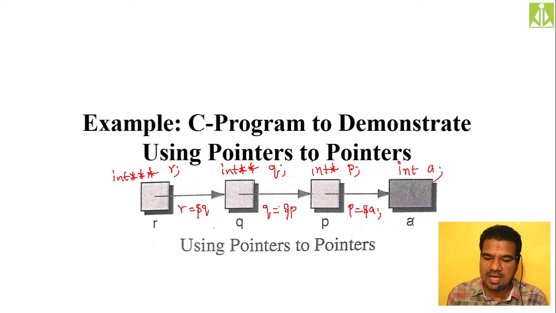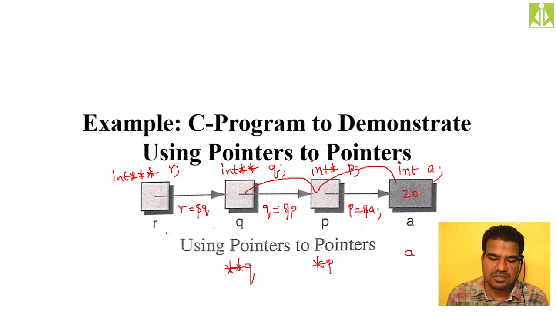So to access the A value from here, we need to put only A. Let us say A is holding 20 over here. To access the value from this P, I have to put star P, one time indirection, because it is a first level pointer. To access the value from this Q, I have to put 2 times indirection, star star Q. The first indirection will take you from here to here, and the second indirection from here to here.